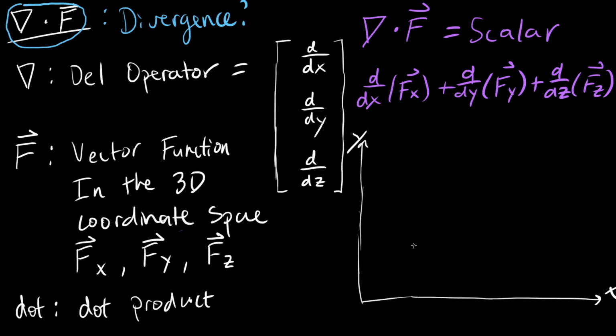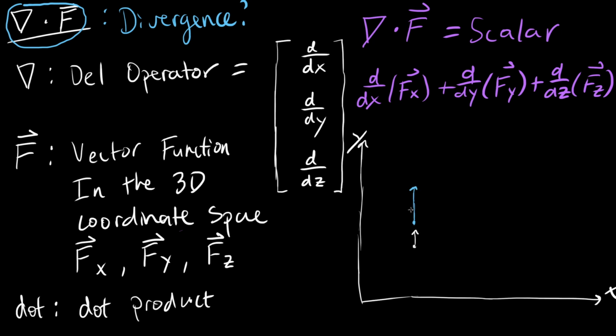So imagine if we have a vector here that points straight upwards with a certain magnitude. And then there is a vector right above it that also points straight upwards, but has a magnitude twice its size.